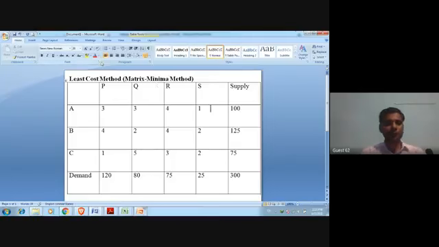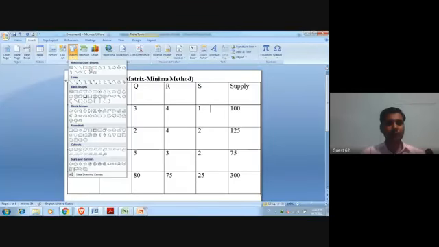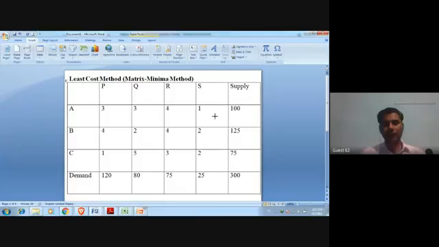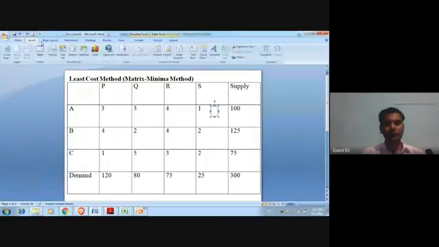Okay, so I will draw a circle and write down 25. This is not writing here. How to write it? Let's delete it and draw a text box.